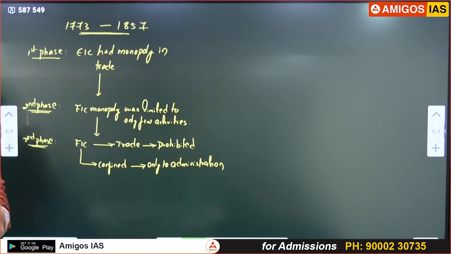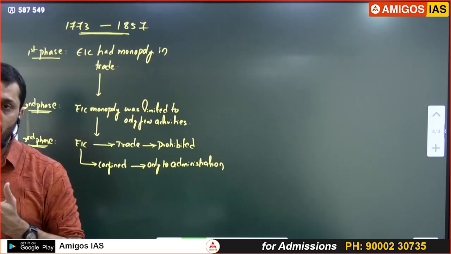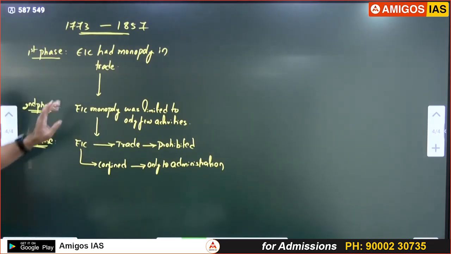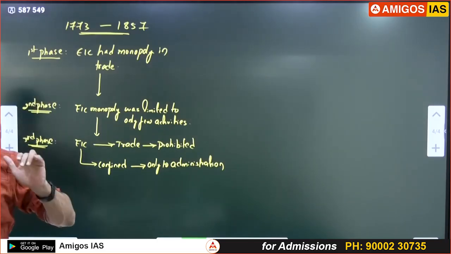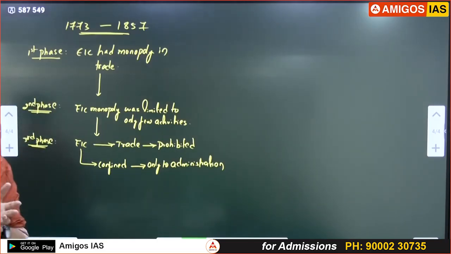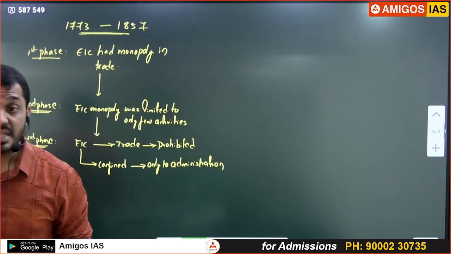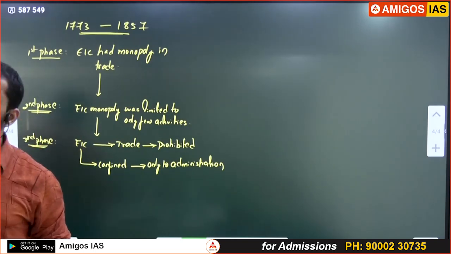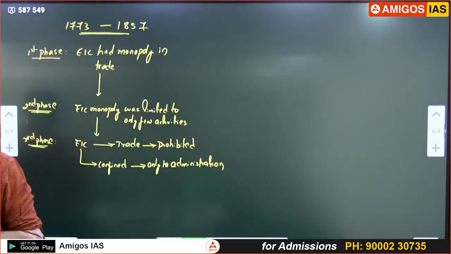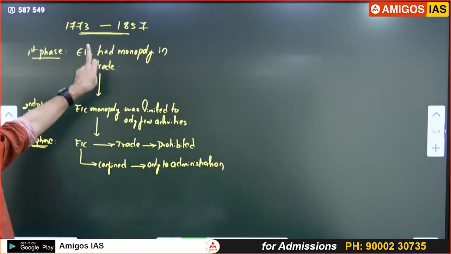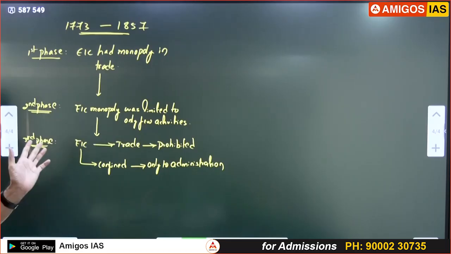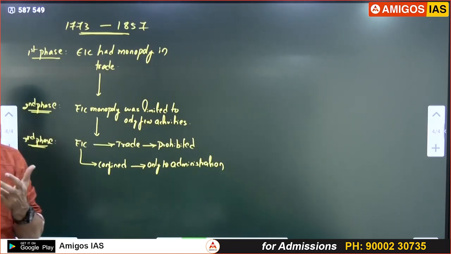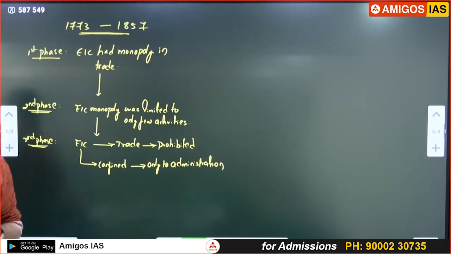So they used the East India Company as a rehearsal before they directly ruled India. So can we say that from 1773 to 1857, as time went on, East India Company influence increased or decreased? Decreased. Because East India Company went from monopoly to only administrative activity. This trend, this concept you have to understand. Then when we discuss individual acts, your life will be very easy.